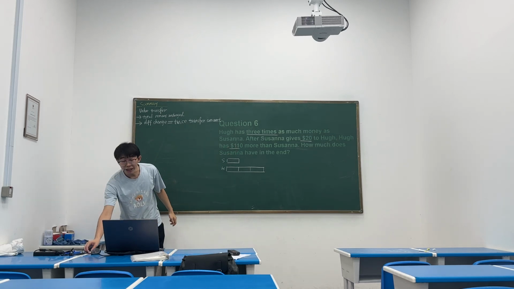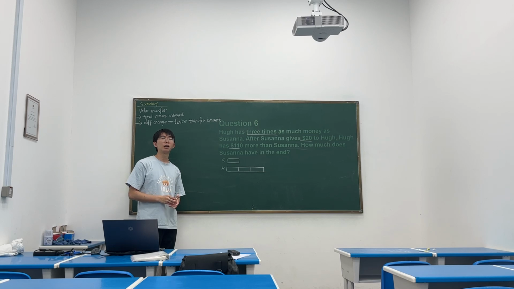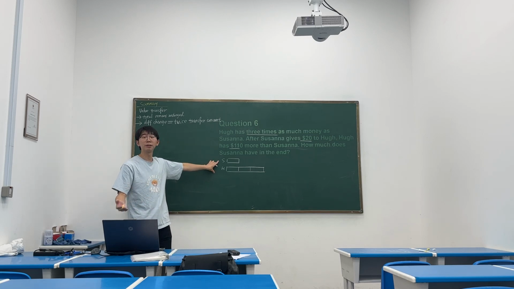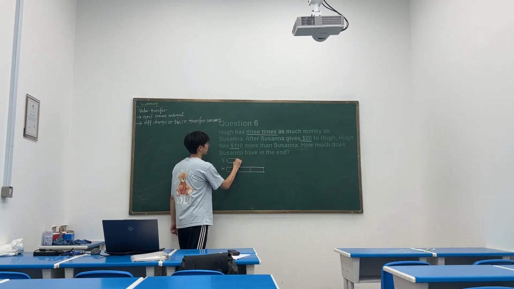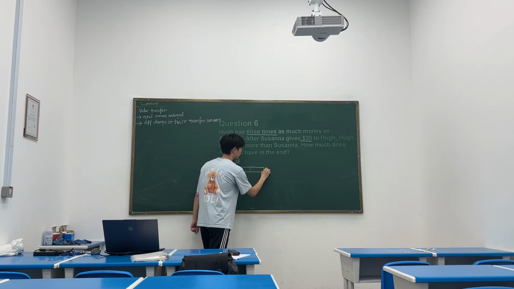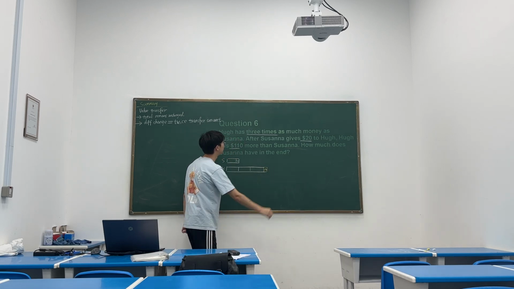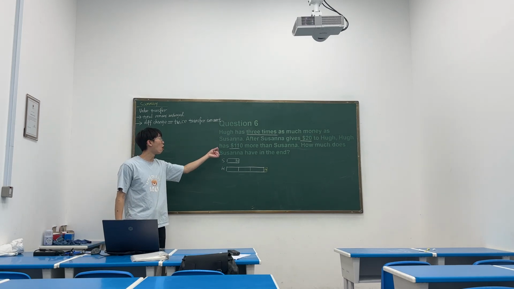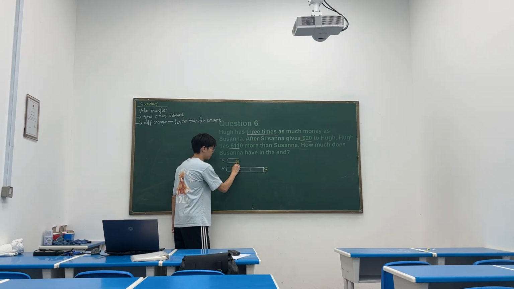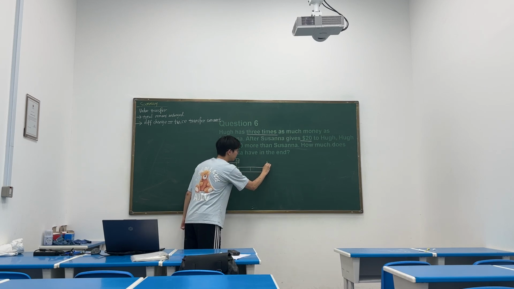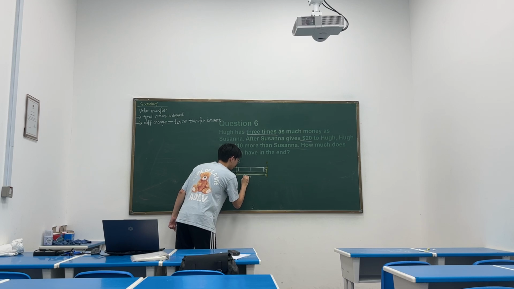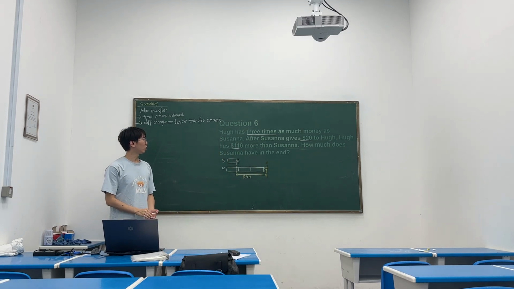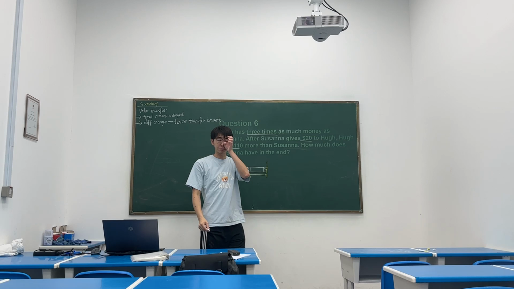Let's see. Now in the usual way, we draw models to interpret this, right? So in the first method, Susanna gives 20 to Hale. And then Hale has 110 more than Susanna. So that means this value becomes $110. Then, how do we find out 1 unit this time?